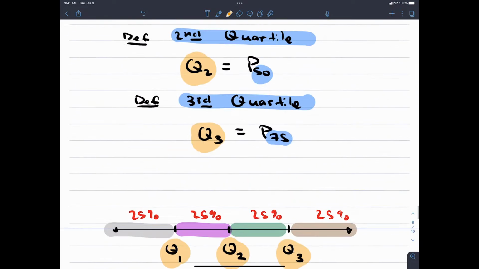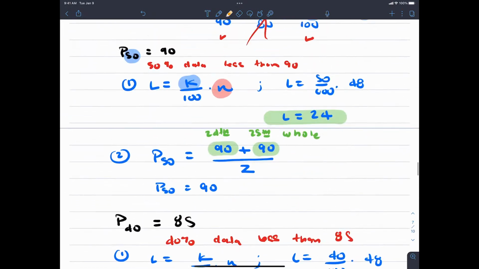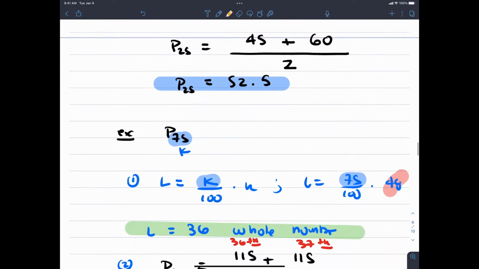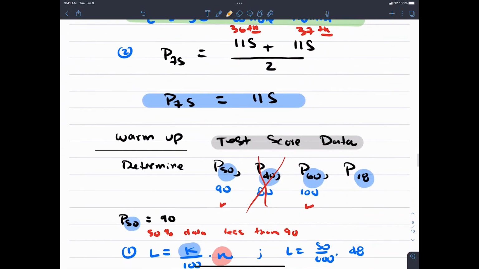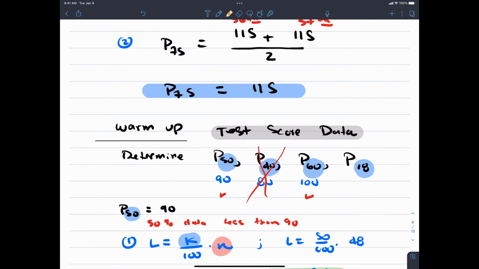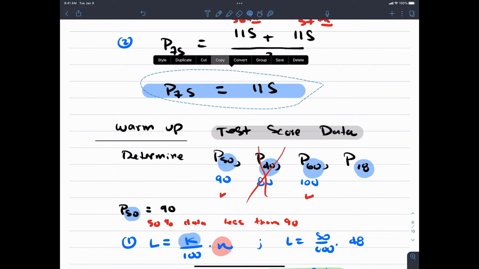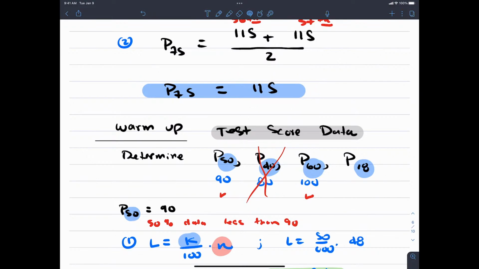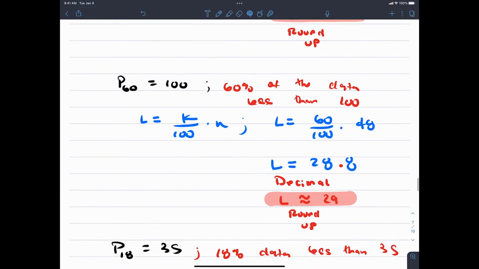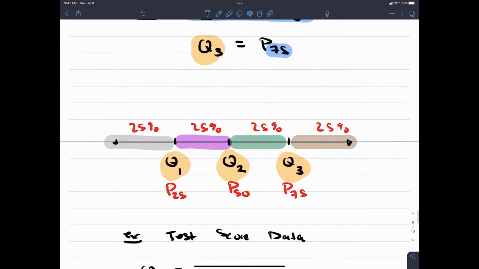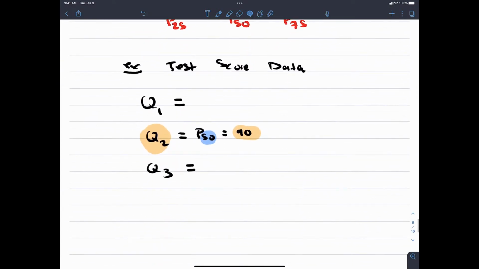Do you have the first quartile value in your notes anywhere? Check your notes. Oh, what's this? You had P75, ladies and gentlemen. I'm going to copy that. Why do I care about P75? It's the third quartile. Outstanding. Look at that.